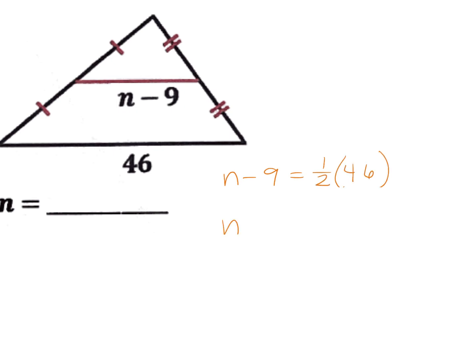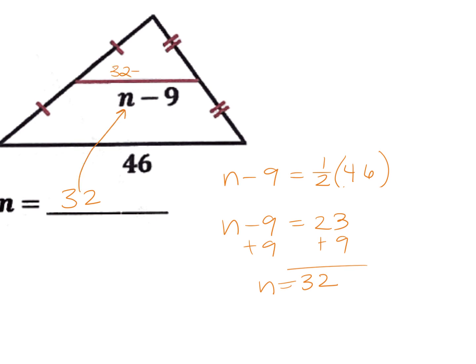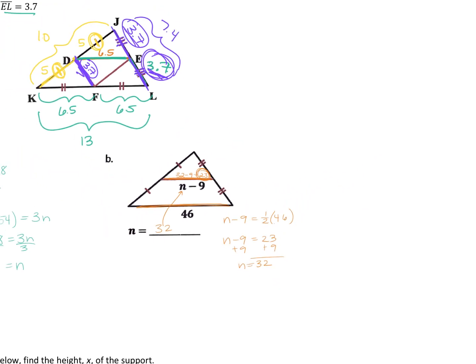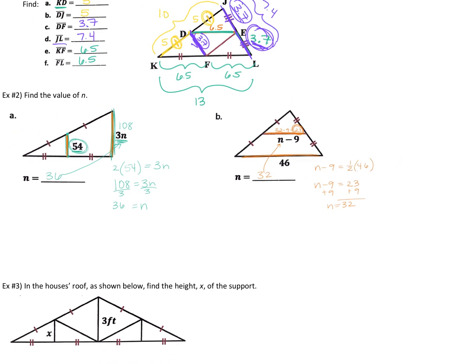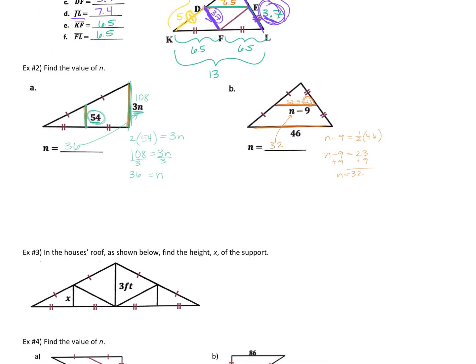So n minus 9 equals 23, and then you would add the 9. So n is 32. Okay, and again, if you check that, if I plug a 32 in here, 32 minus 9 is 23, and 23 is half of 46. Okay? Questions on that? Okay.